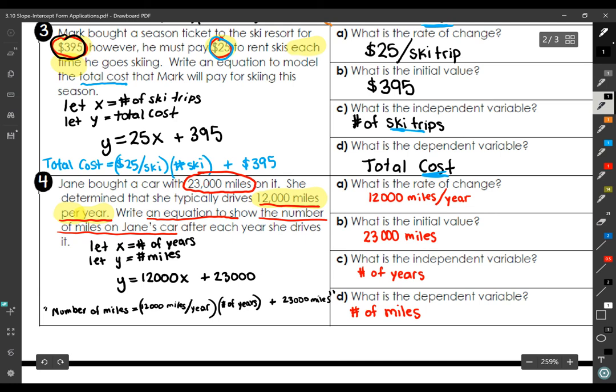Right? So the number of miles in total will be 12,000 miles per year times the number of years plus the initial value, which is 23,000 miles.